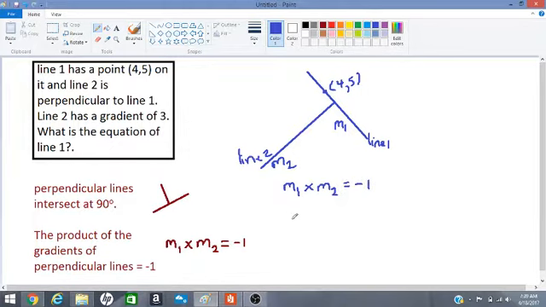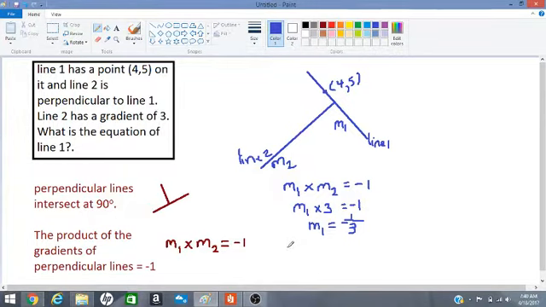We also know that m2, the gradient of line 2, is 3, so we write m1 times 3 is equal to -1. We now divide both sides by 3, and that gives -1/3. So m1 is -1/3. That's the gradient of line 1.